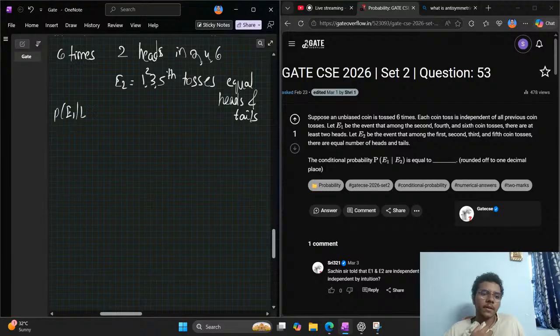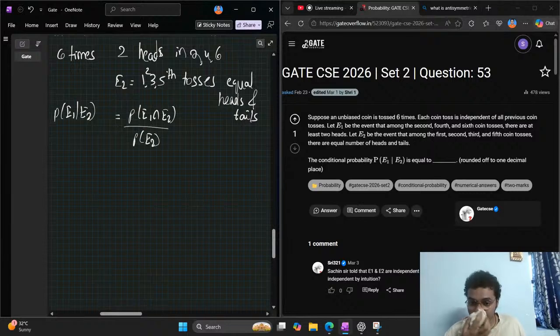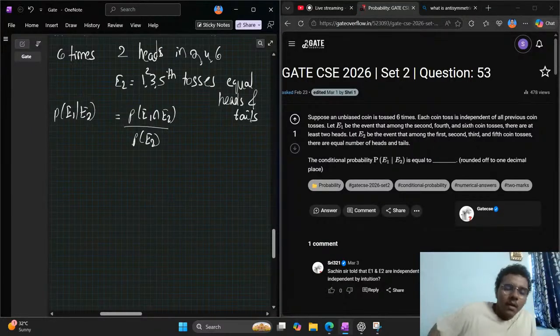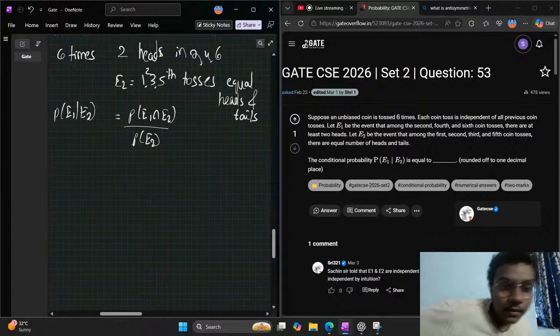Probability of E1 given E2 is equal to probability of E1 intersection E2 by probability of E2, conditional probability. Okay, two heads, right?